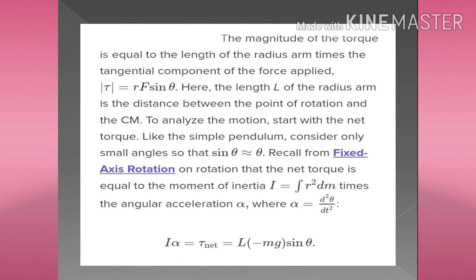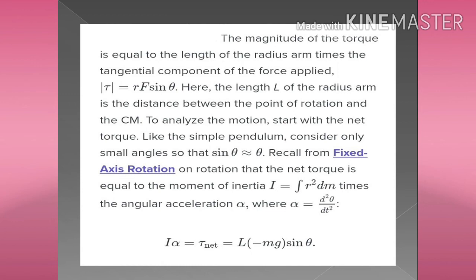The absolute value of τ is equal to r times force times sine theta. Here, the length of the radius arm is the distance between the point of rotation and the CM. To analyze the motion, start with the net torque. Like the simple pendulum, consider only small angles so that sine theta is equal to theta.